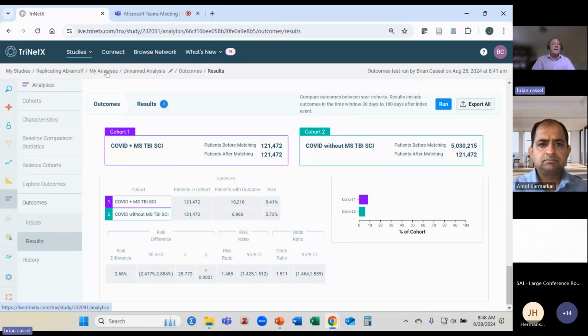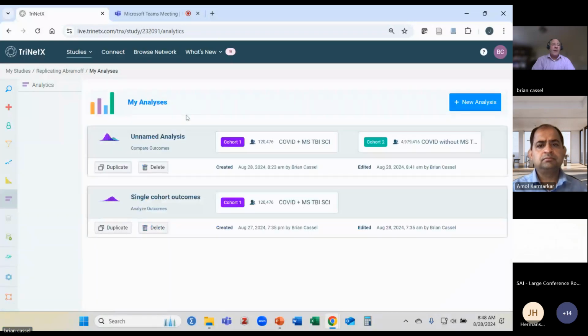If I go back to my analyses, I can have multiple analyses under my replicating Abramov study. So under my study, I can have lots of different cohorts, and I can have lots of different analyses of those cohorts. This current one, I didn't give a name to.